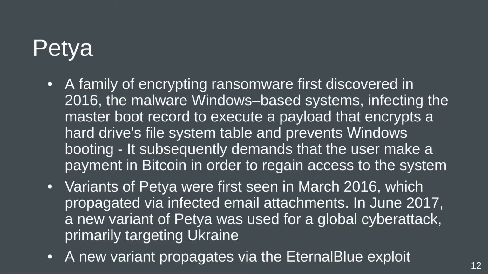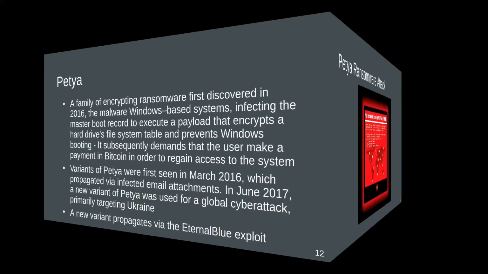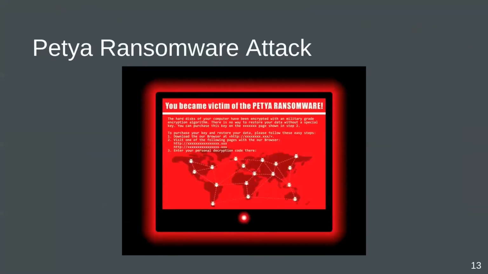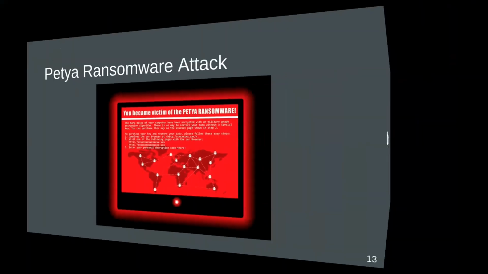Okay, and this ransomware also used the Eternal Blue exploit. If we have a little look, so there's a Petya ransomware. That's what it looks like on your screen. So part of the theory of this course is that we're aware of and we can describe particular ransomware attacks and the results of these, and what would happen. So those are two examples there.